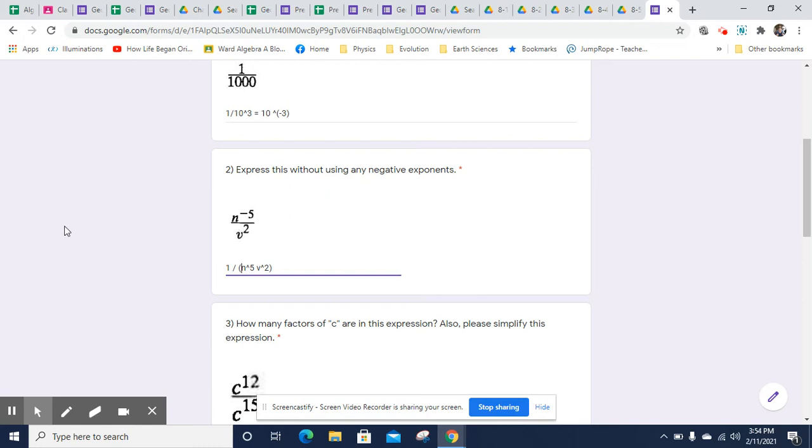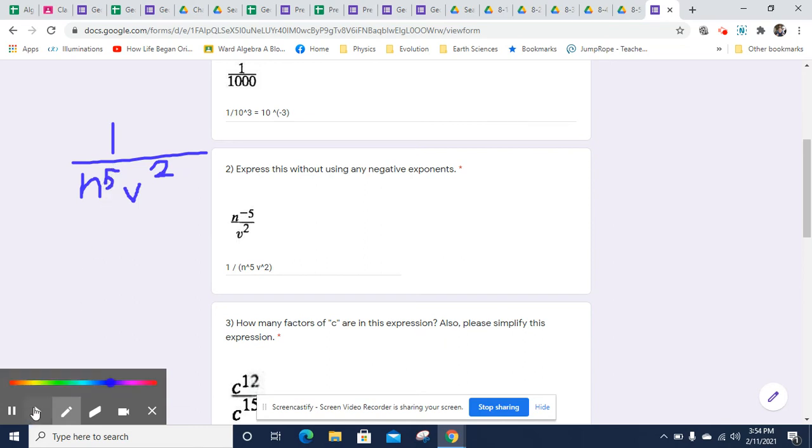If I were writing this vertically, I'd say 1 over n to the fifth power times v to the second power. What this is really saying is I'm using n as a divisor 5 times and v as a divisor 2 times. It just happened to be in a numerator position here, but once I moved it across the fraction bar, the sign of the exponent changed to positive.